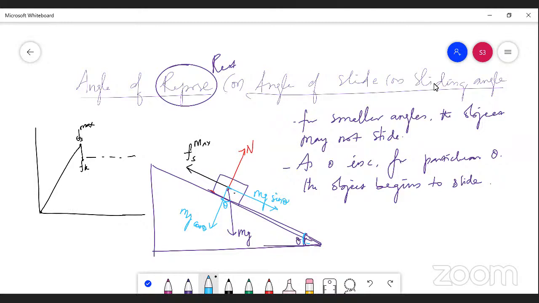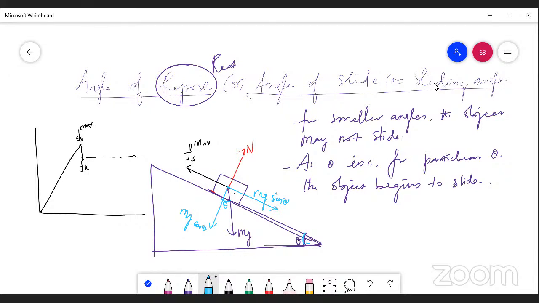There are various forces acting on the block which is placed over the inclined surface. One is the downward gravitational force mg, the normal reactive force N, and the static friction whose value is maximum. Then the components of this mg we have resolved into its components.